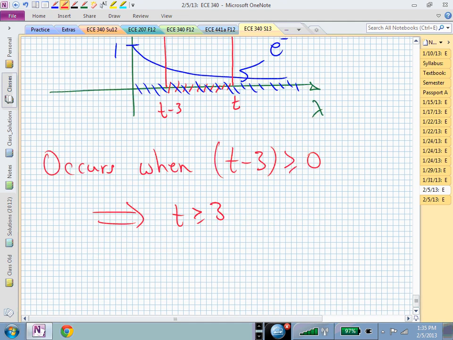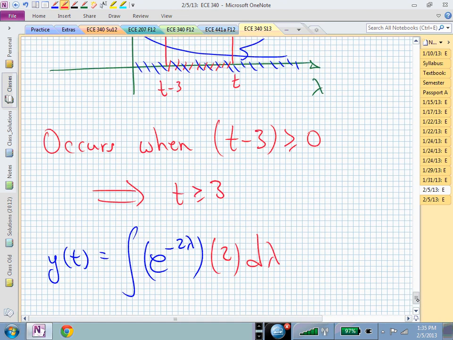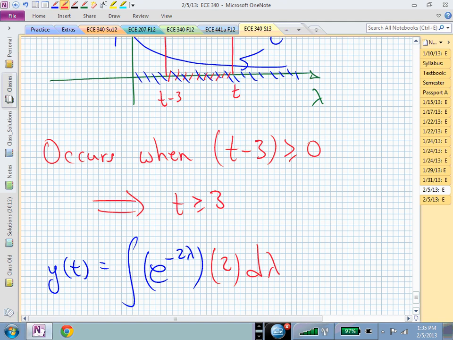Now we need to figure out what the expression is, the y of t. Y of t is now this convolution integral. It's the integral of f sub 1 of lambda, which was e to the minus 2 lambda, times f sub 2, which was just 2 d lambda. And now what are my limits of integration? Now I have to worry about where my cross-hatching occurs.